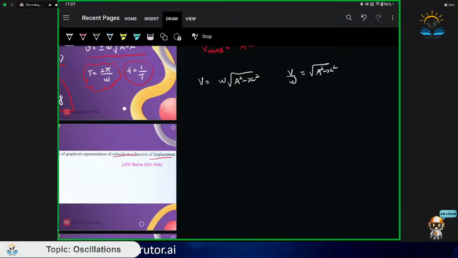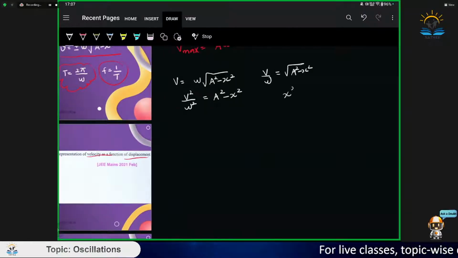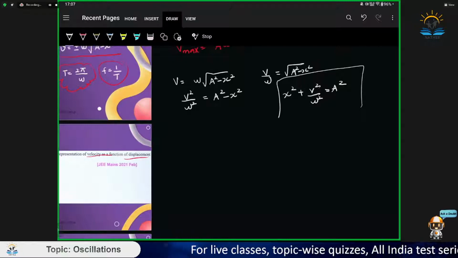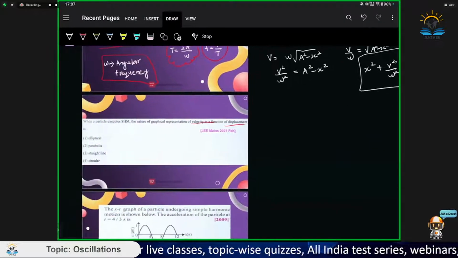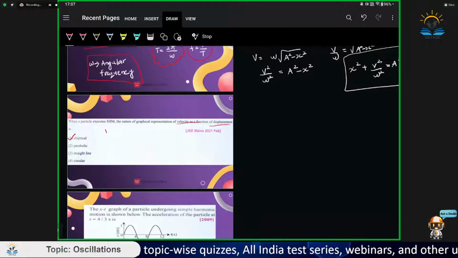Squaring both sides, v square by omega square equal to a square minus x square. So we got an equation like x square plus v square by omega square equal to a square. This is the equation of an ellipse, so the graph will be elliptical in shape. Our answer will be option 1, elliptical.